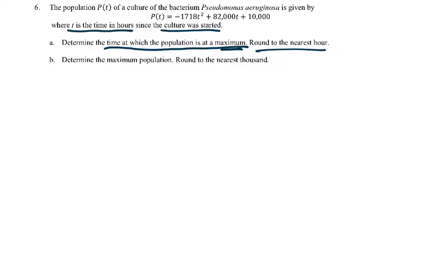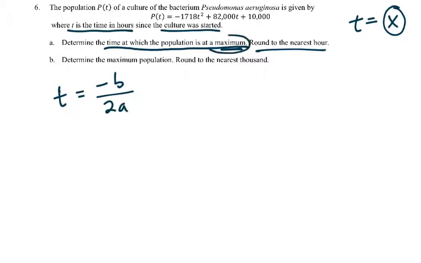So, in this case, T is like our x value. So we're going to find where T equals -b over 2a. We know it's going to be a maximum because our leading coefficient is negative, so it has a maximum value at the vertex.